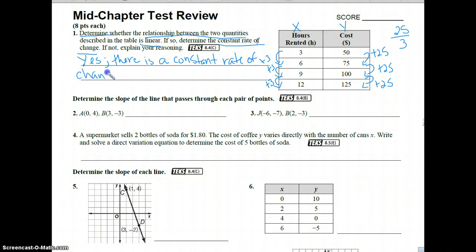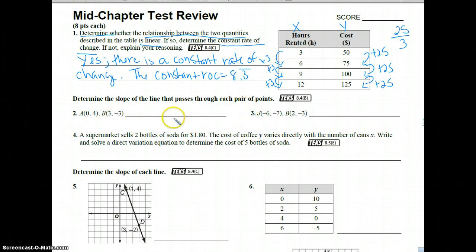Because that was the other thing they asked us for. What's the constant rate of change? 8.3 repeating, or 8 1/3. Good.